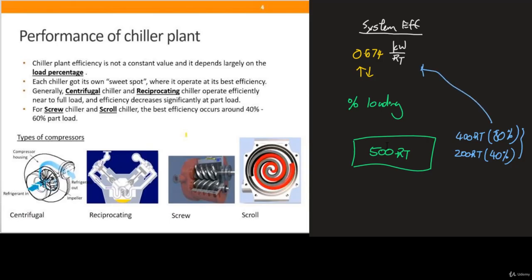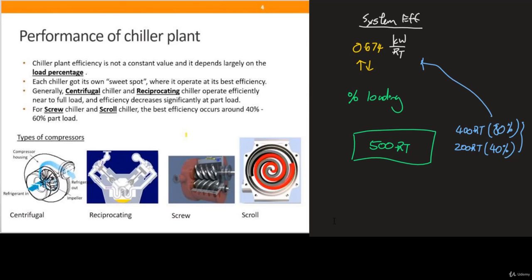Usually, for centrifugal and reciprocating chillers, the nearer it is to full load, the better your chiller will be operating. Whereas for screw chillers, if you are running at around 40 to 60%, you will hit the so-called sweet spot, the best efficiency.